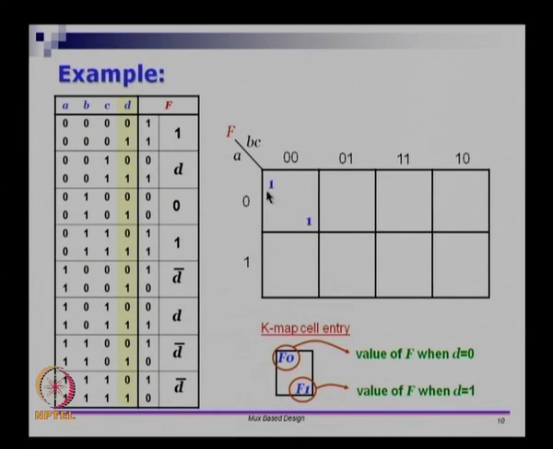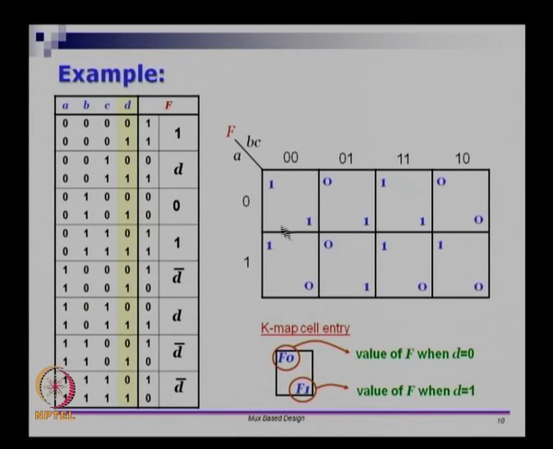This is for d equal to 0, this is for d equal to 1. I am going to do the same thing for the other cells also. So, when A is 0, B is 0 and C is 1, it is 0 and 1 here, I put that in the diagonal here. Then for 1 0, it is 0 0, so I put that in the diagonal here, and for A equal to 0, B equal to 1 and C equal to 1, that is this set of rows, I take 1 1 here and put that in the diagonal. I can do that for all the other cells also.